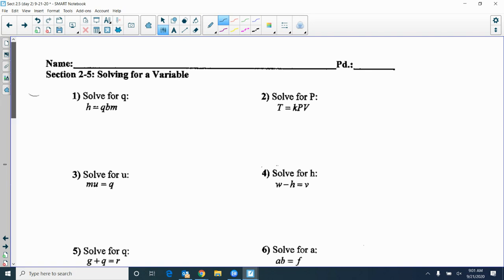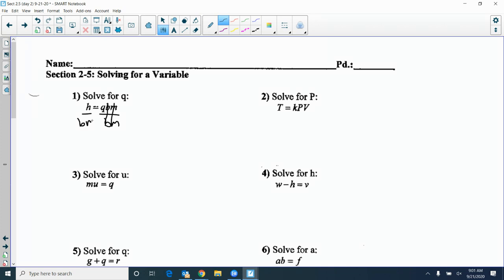What do I do if I want to solve for the Q? Connor? If you want to divide B and M. Yeah, I want to divide both sides by the two things that I'm not solving for. I can divide this by B and M, so those will cancel out.